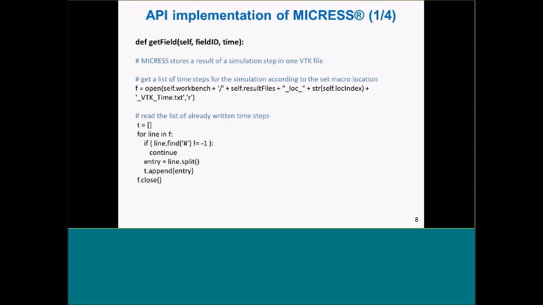I chose for more detailed description the get field method here, because I want to focus on not steering Micros, but what are the problems to identify the results and how much data has to be passed. So Micros stores its simulation results in a VDK file, and there are all fields, all results included for one time step and one VDK file.